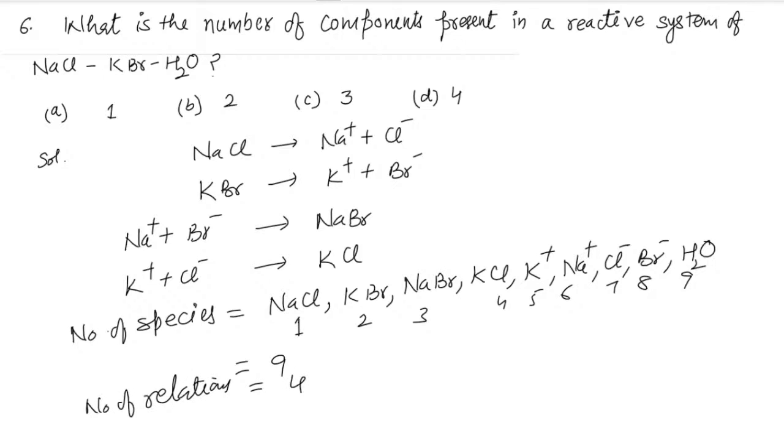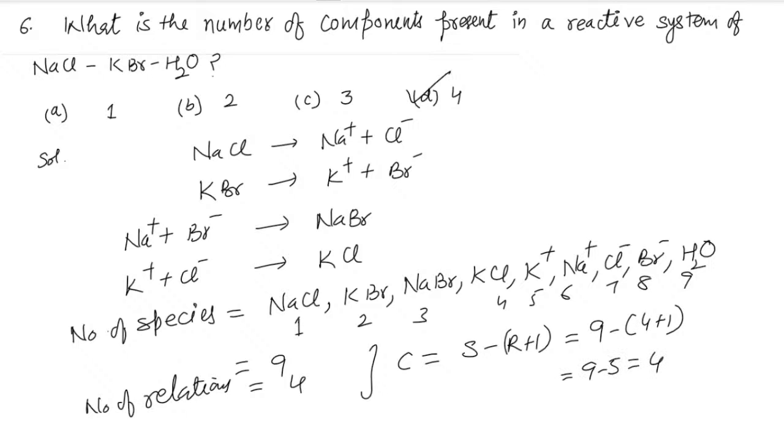Total equations are 4. Components are S minus R plus 1. So 9 minus 4 plus 1, it comes out to be 4.